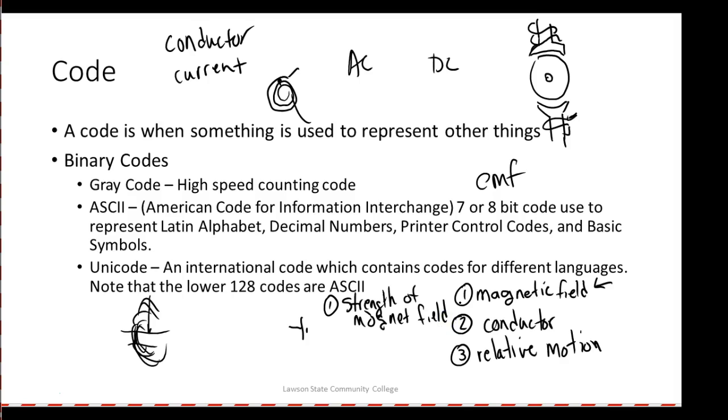The stronger the field is, the more EMF we would induce into that conductor when it moves through the field or the field moves across the conductor. What about the conductor determines how much EMF we get? The number of loops.